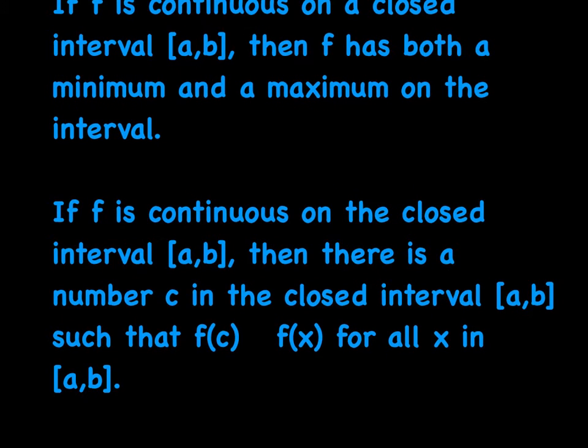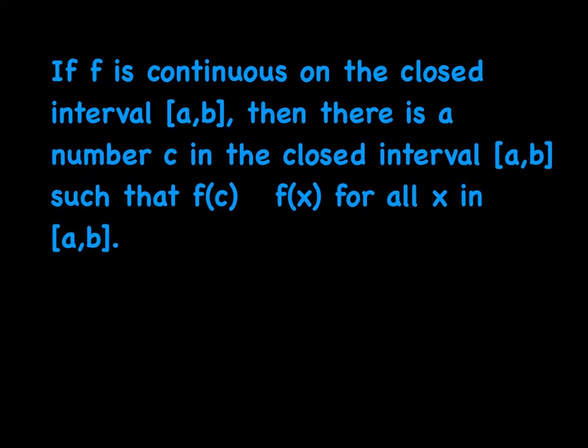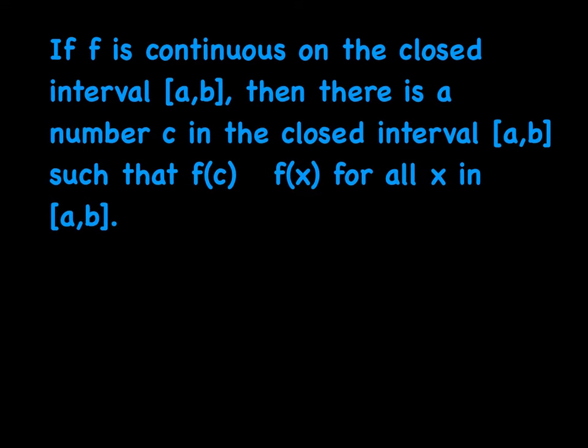Now, let's add another twist to that definition. This is the way that I've seen it on recent AP exams. If f is continuous on the closed interval, same first half of the sentence, then there is a number c within that closed interval from a to b, such that f of c is greater than or equal to f of x for all other values of x within the interval.